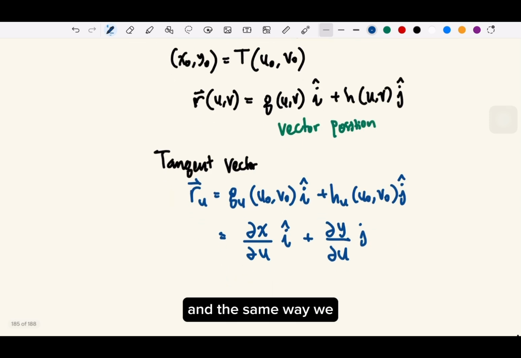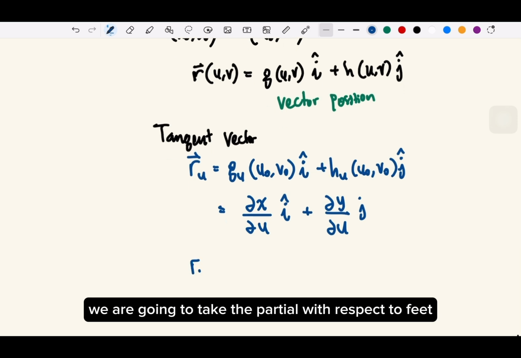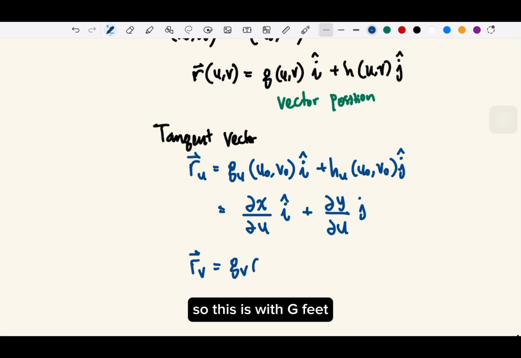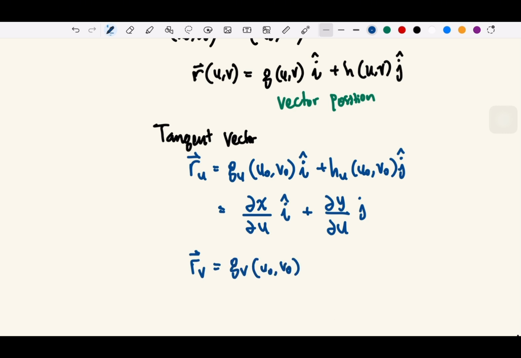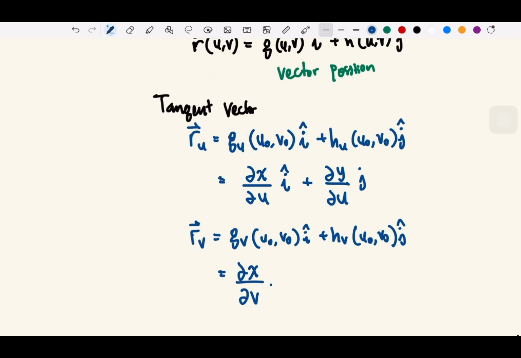And in the same way we are going to take the partial with respect to V. So this will be G V and H V, and this will be the partial with respect to phi.